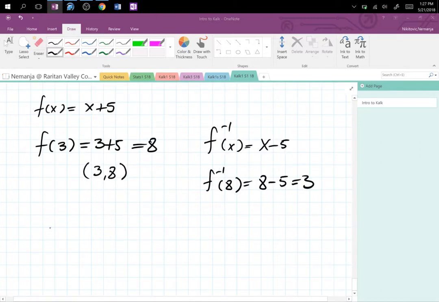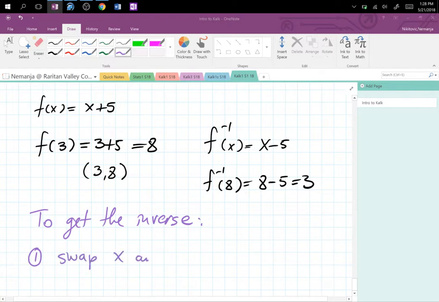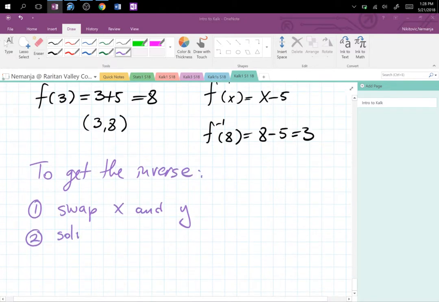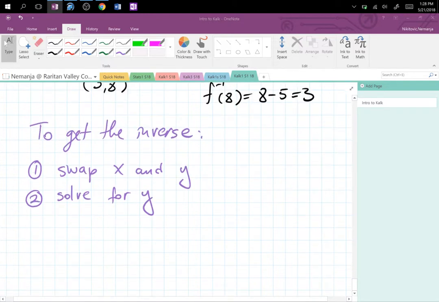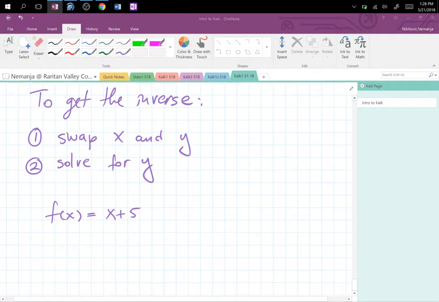So the way to get the inverse, we have the following procedure. Swap x and y, solve for y, and that's it, and you win. So let's do this. Let's say you have x plus 5.